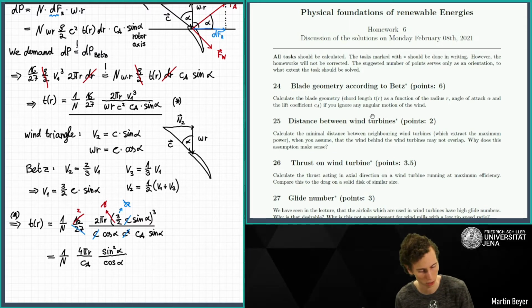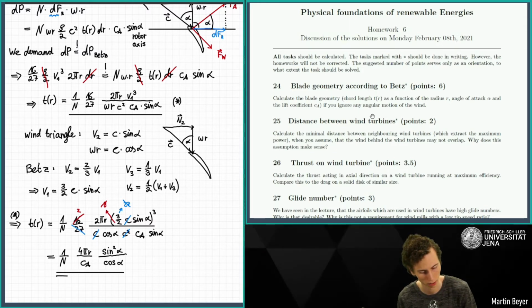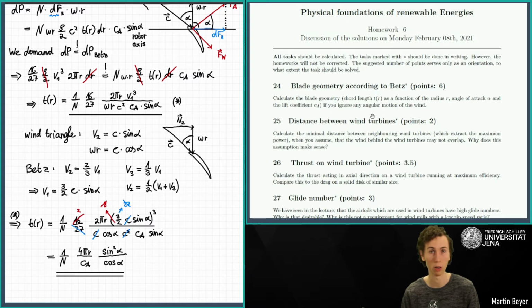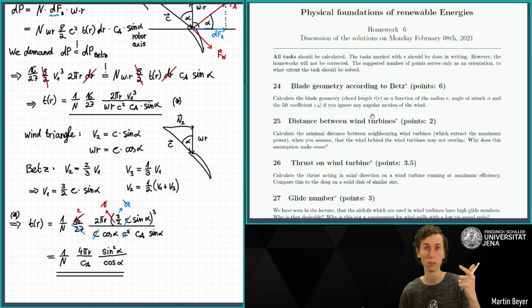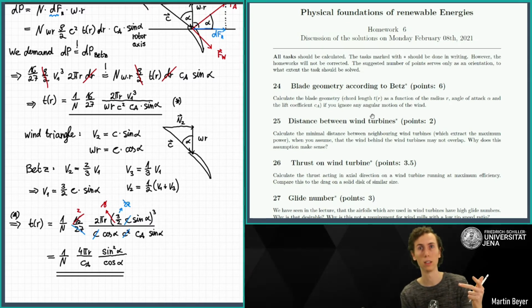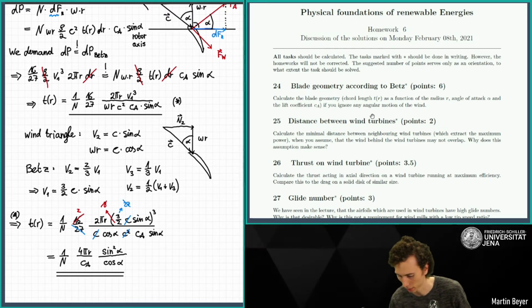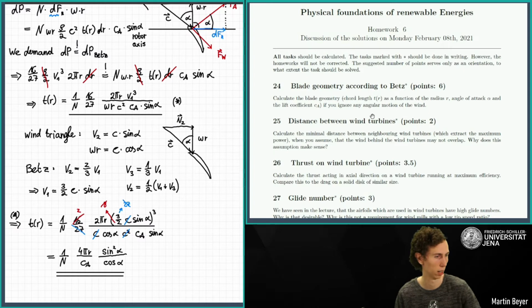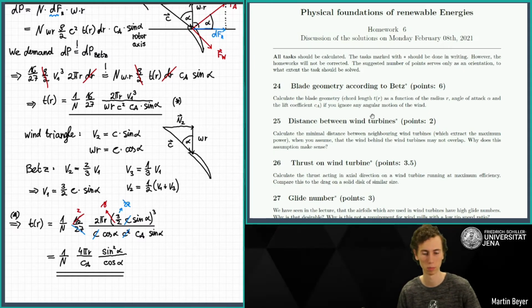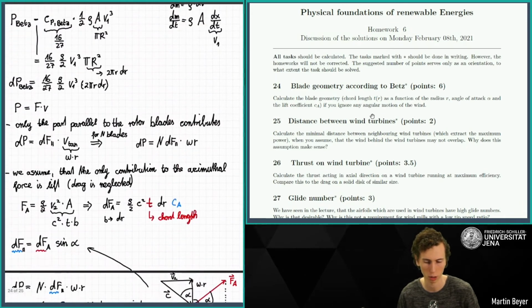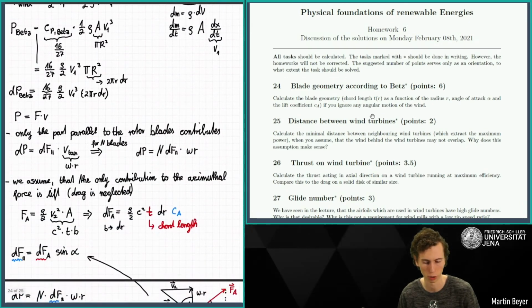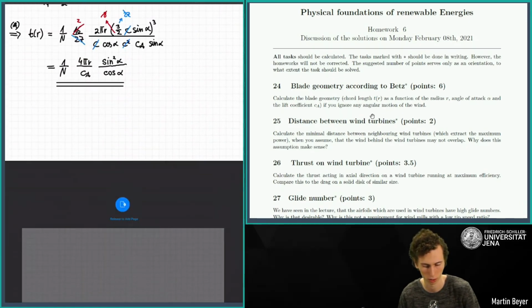So we found the chord length as a function of the radius, the inflow angle, and the lift coefficient, and also the number of blades. Okay, so this was our first task. I have to admit it was rather lengthy, but I think you may learn a lot solving this task.